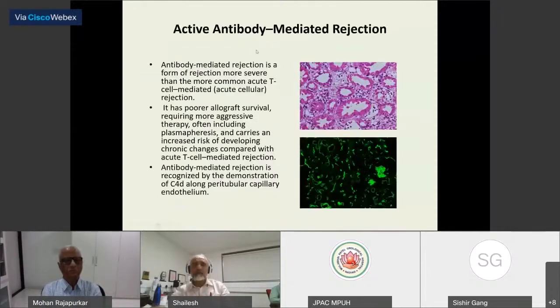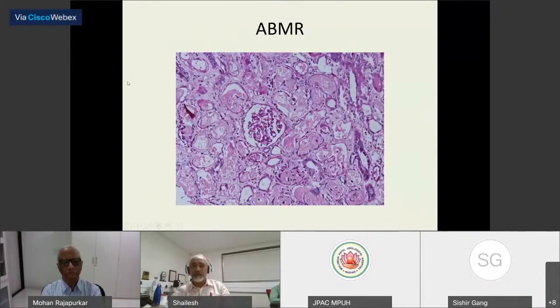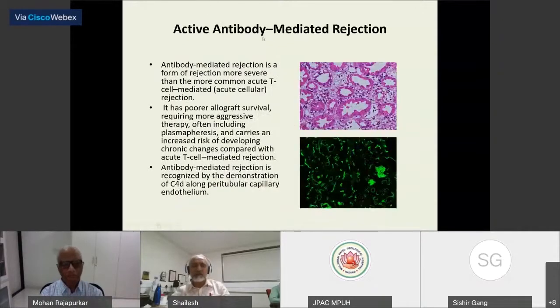Next comes active antibody mediated rejection. Hyperacute rejection is usually seen immediately after placing the graft into the recipient, and usually the graft becomes flaccid. Whereas active antibody mediated rejection usually appears in the first month of the transplant.